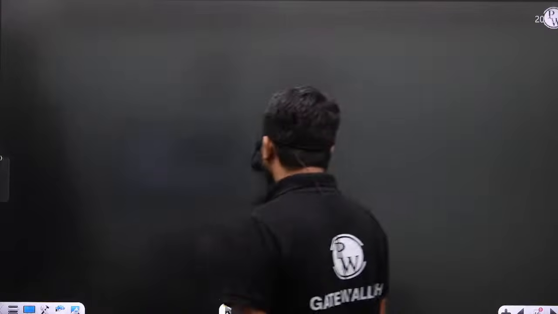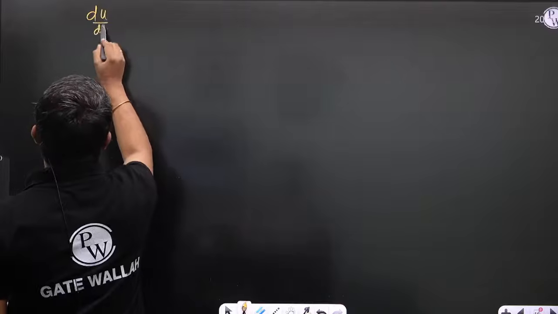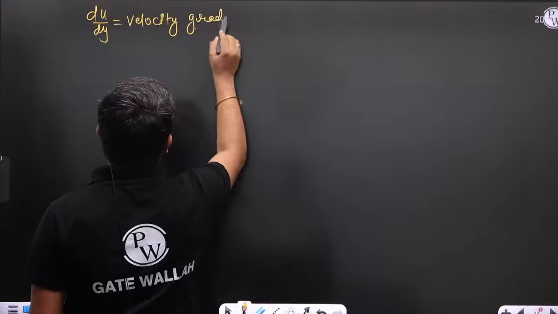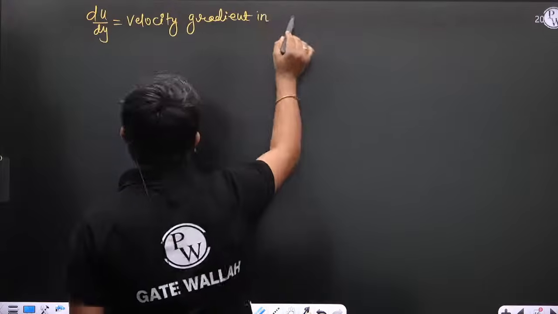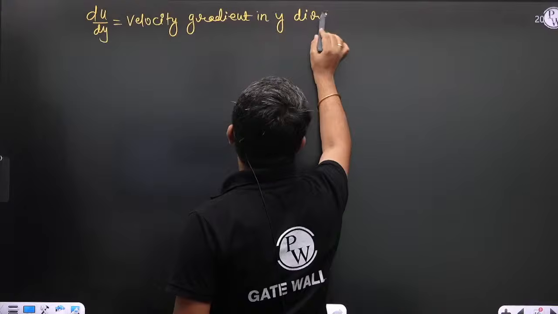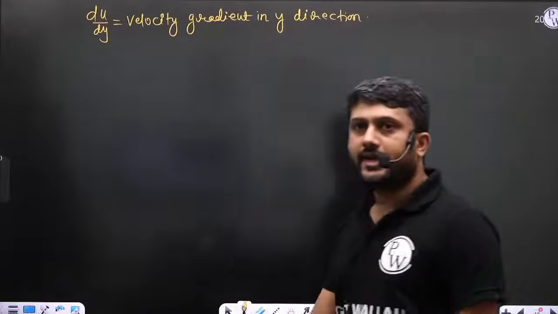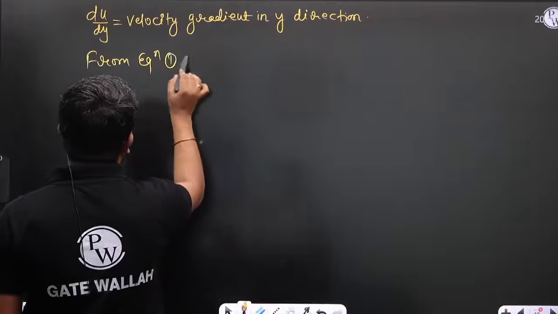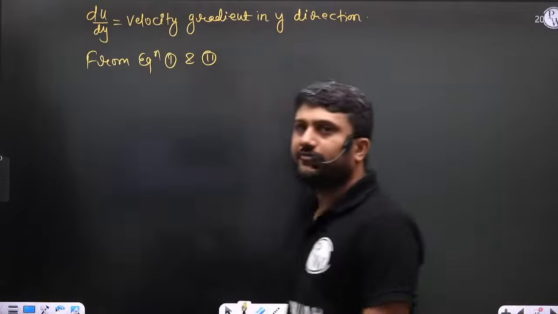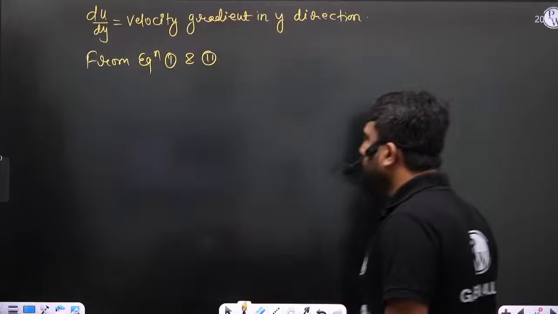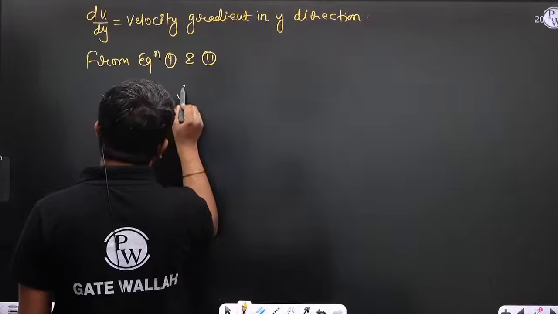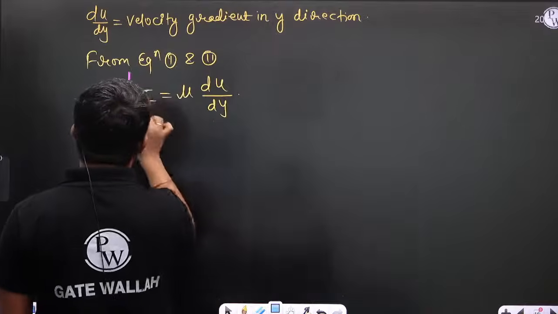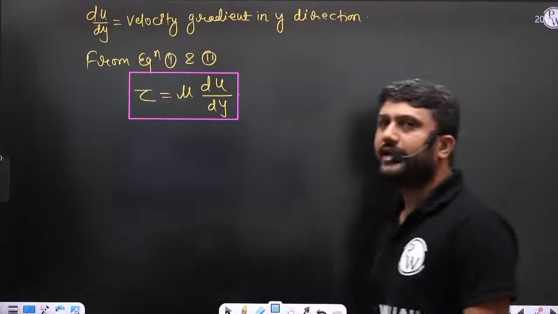So from equation 1 and equation 2, can we write that tau is equal to mu du by dy, right?